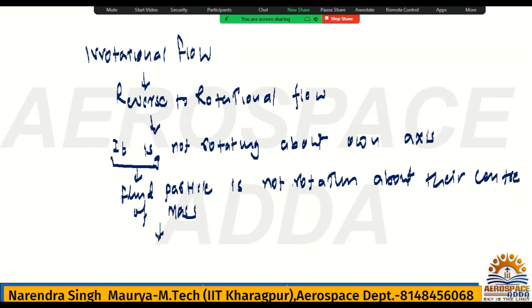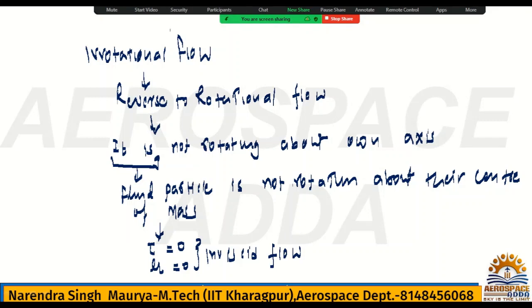Because there is no shear stress. Why is there no shear stress? Because there is no dynamic viscosity. So indirectly, irrotational flow is what? When mu is zero, when it is inviscid flow. Okay, this is the conclusion. Understood? This is the conclusion.